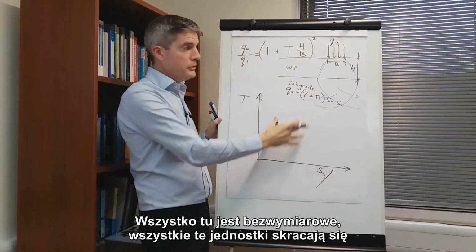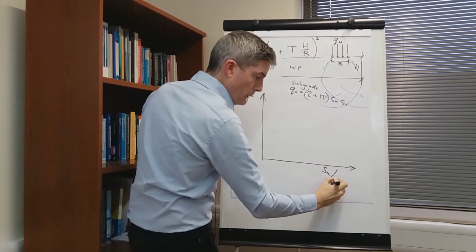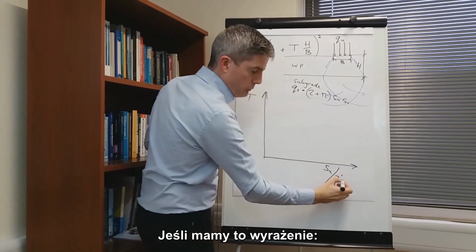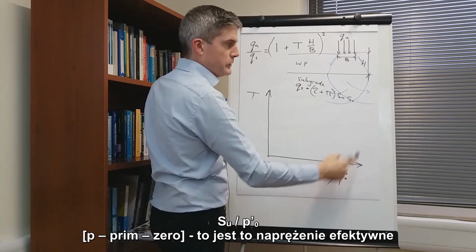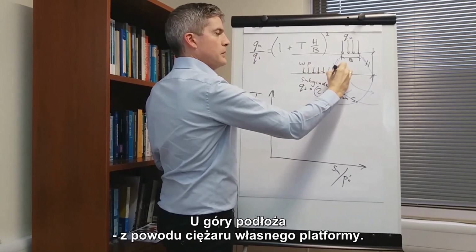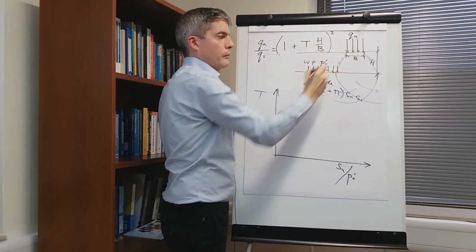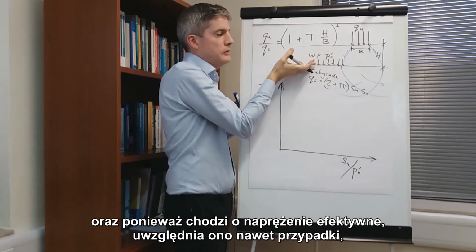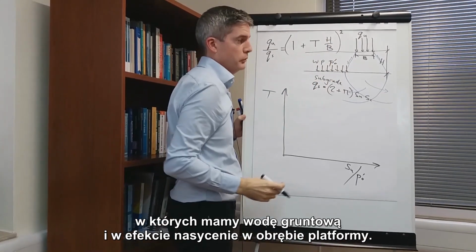Everything is dimensionless, all the units cancel out in all these expressions, which is another big advantage of the method. We use the expression P prime 0, the effective stress on the top of the subgrade due to the self-weight of the platform. Because it's in terms of effective stress, it even takes account of cases where we have groundwater and saturation within the platform.